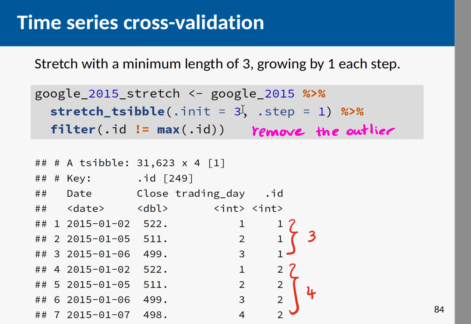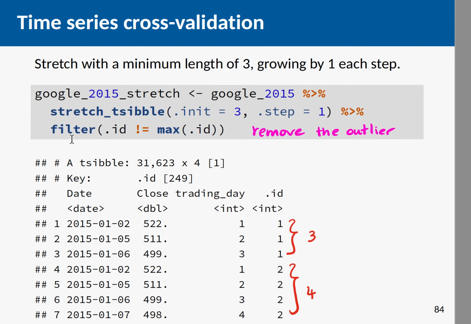That's equal to 3. So this is saying you will have 3 data points in your training set, or 3 days if you're looking at the stock prices. And then we're saying that in each step or iteration, add one value to the training data set.